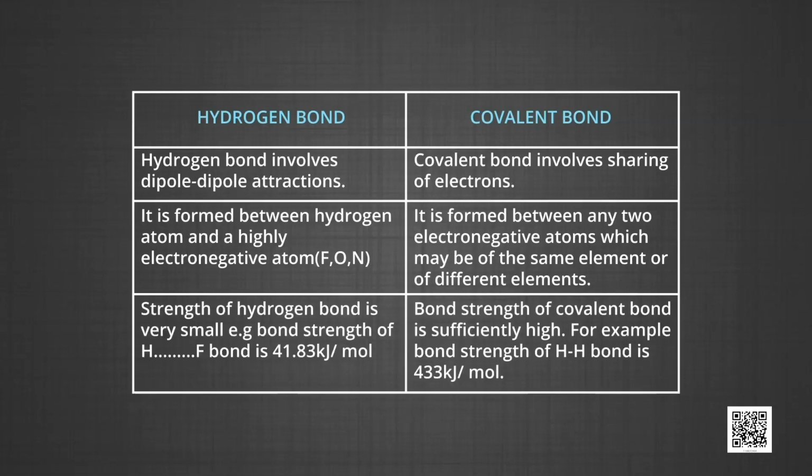The strength of the hydrogen bond is very small. For example, the bond strength of the H-F hydrogen bond is 41.83 kilojoules per mole, whereas the bond strength of a covalent bond is sufficiently high. For example, the bond strength of the H-H bond is 433 kilojoules per mole.